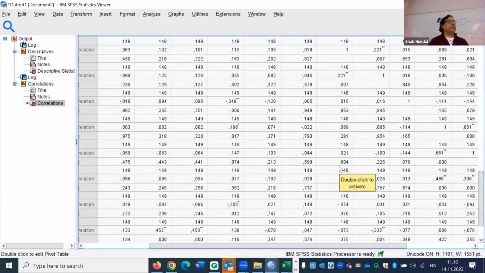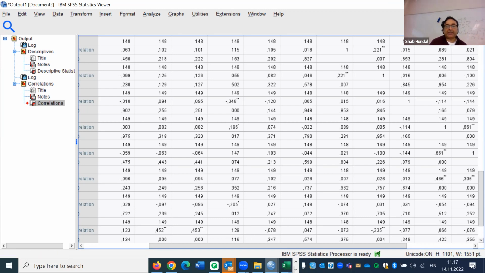Some variables are significant, some are not, and no problem. So this pair of correlation between variables we accept, this is significant, and this we don't accept because it's insignificant. It's very straightforward. And again, the benchmark is 10%.